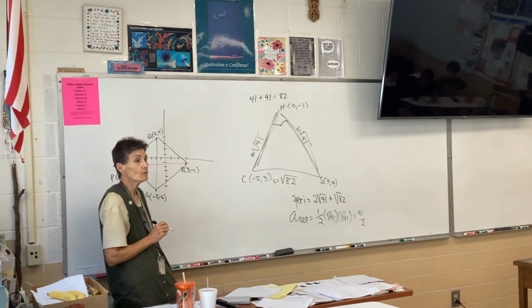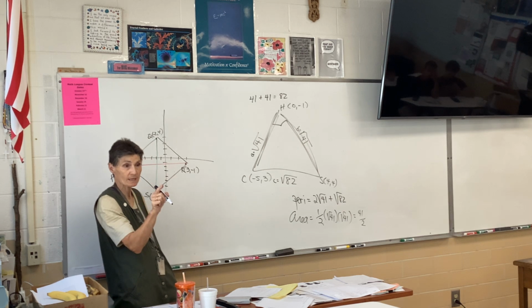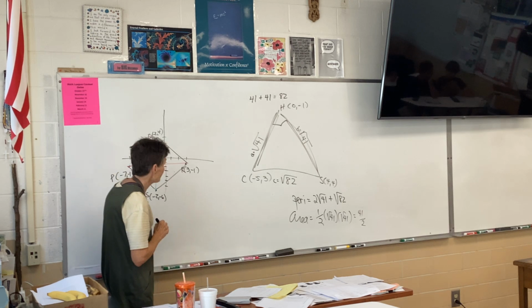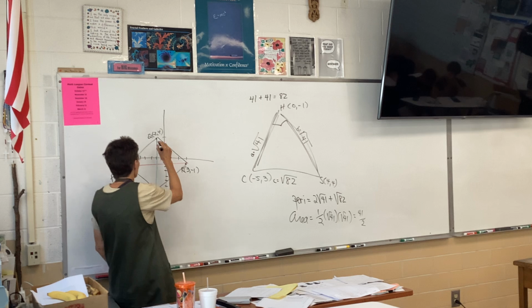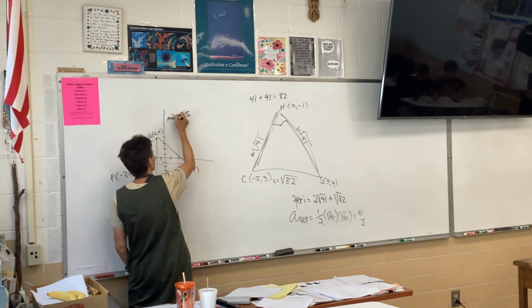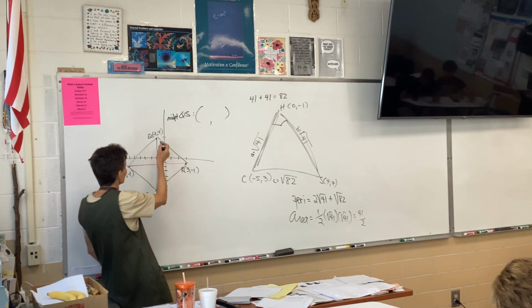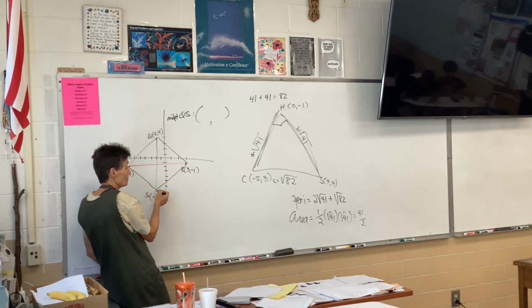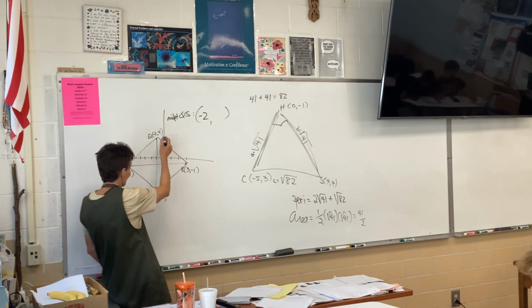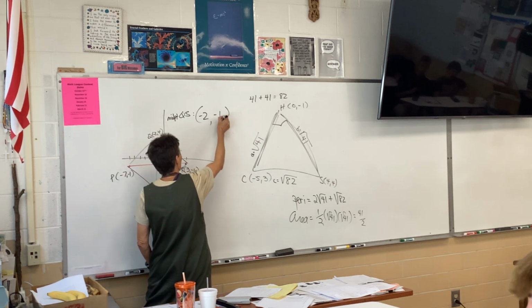Okay, so who has an idea? There's actually more than one way we could do this, but who has an idea? Find the midpoints and see if they're the same. All right, what is the midpoint of QS? Well, let's average. -2 and -2 is -4, divided by 2 is -2. 4 and -6 is -2, divided by 2 is -2.